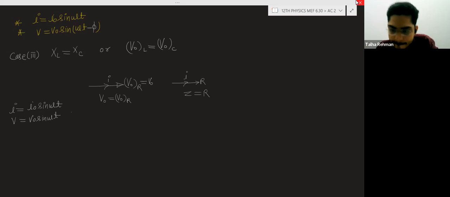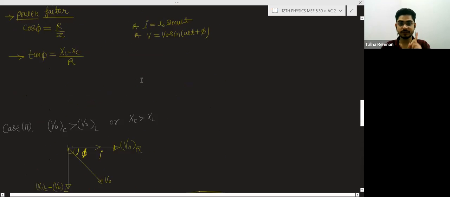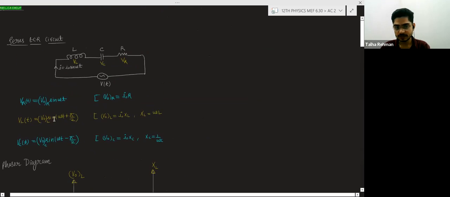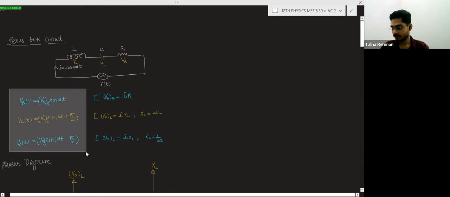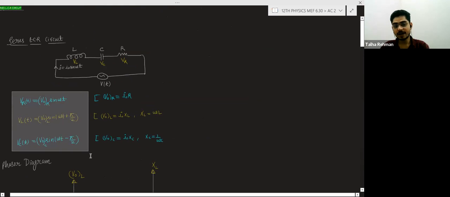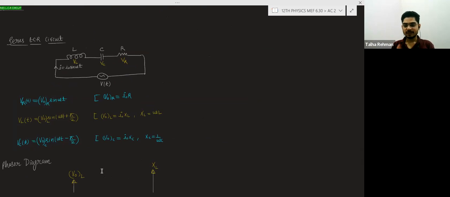Completed? Yeah, sir. Okay, so now all of you see the phasor diagrams. See the equation of the voltages. We will solve one numerical, so all these things will be required there. Then after that you will say that you are not getting it. But if you are not getting it, the reason is that the basic things are not clear to you.